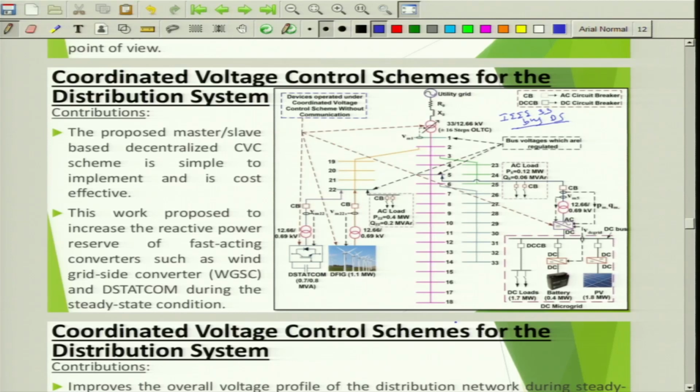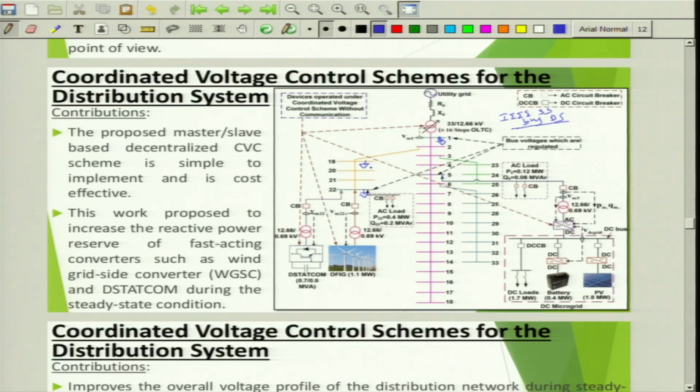Each bus has an AC load, and one can get the data of the 33 bus distribution system through the internet, so we have not displayed the data.